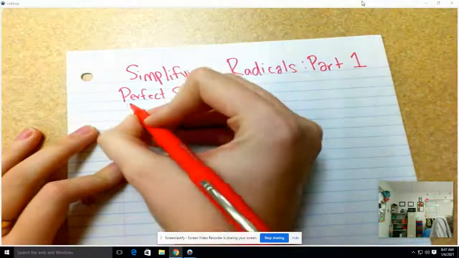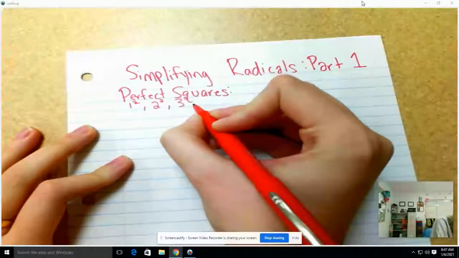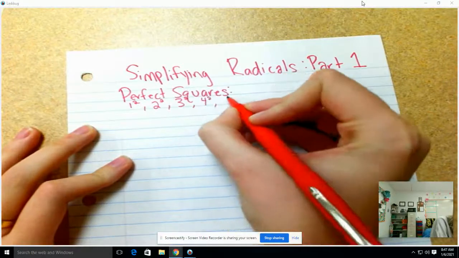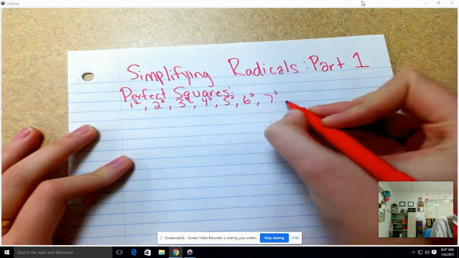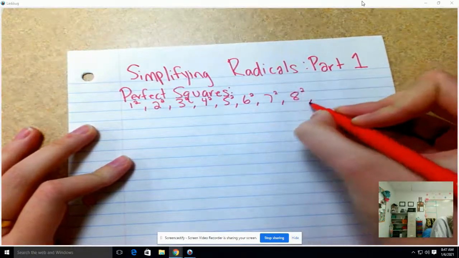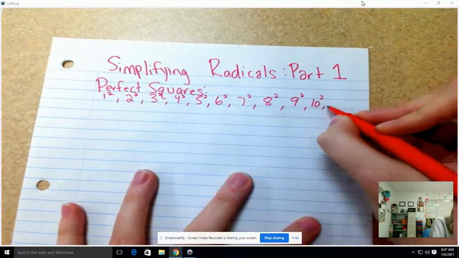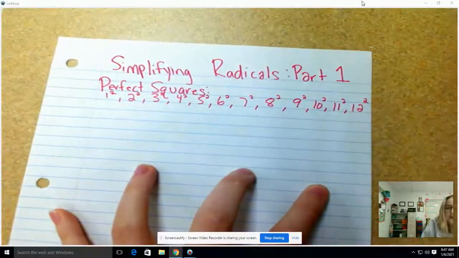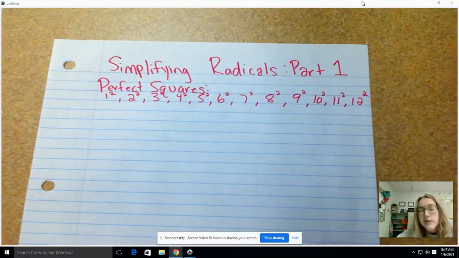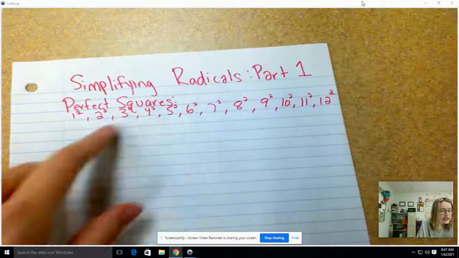We're going to have 1 squared, 2 squared, 3 squared, 4 squared, 5 squared, 6 squared, 7 squared, 8 squared, 9 squared, 10 squared, 11 squared, and 12 squared. These are probably the most used. You might even go up to 15, but definitely 1 through 12. So you need to be able to recognize perfect squares.